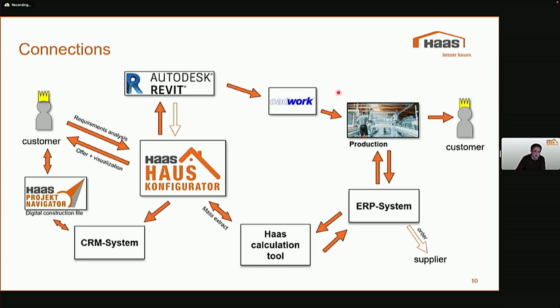This is our CAD-CAM connection, and these files, which we produce here, are sent to our prefab CNC production line. And for sure, we close the circle to our customer. The customer will get the finished product to the construction site after the production in our headquarters.